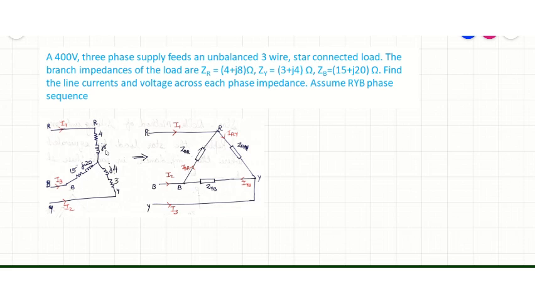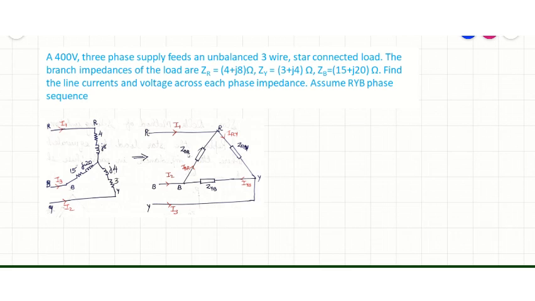Now we have to convert it into an equivalent delta. After conversion, the equivalent delta load will appear like this. Now, how to find out the values for ZRY, ZYB and ZBR.